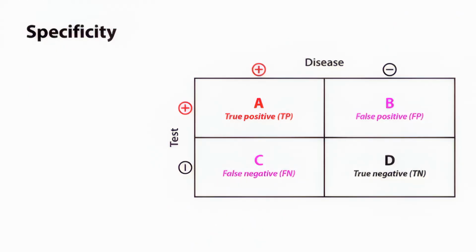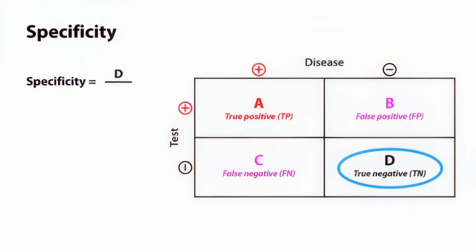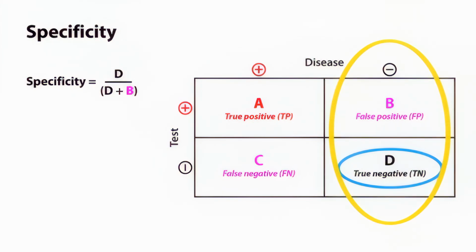Okay, now for specificity. Specificity is the proportion of all people without the disease who have a negative test result. Or another way to say that would be all those without the disease who correctly test negative. The true negatives divided by the total without the disease. So this would be the true negatives divided by your true negatives plus false positives.